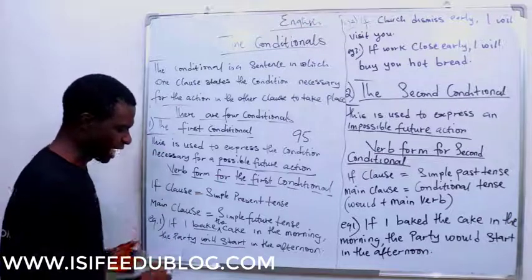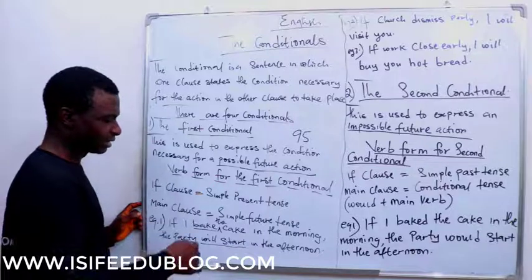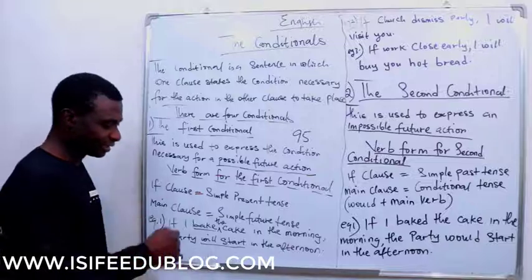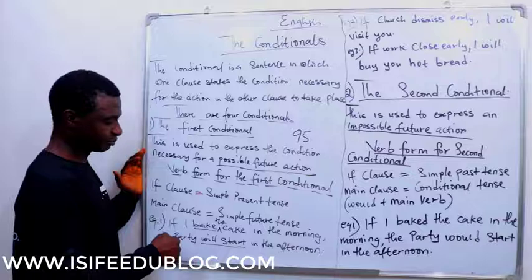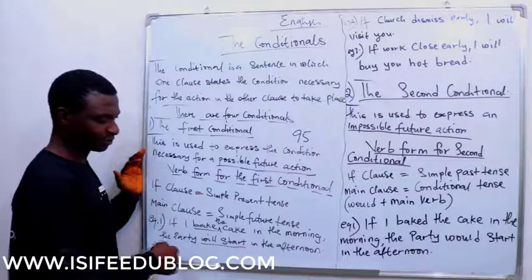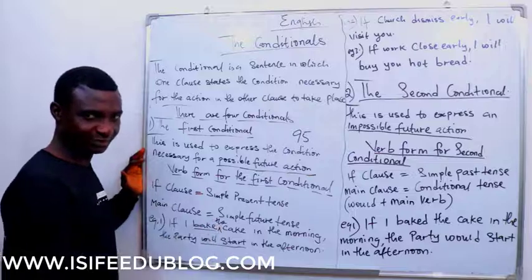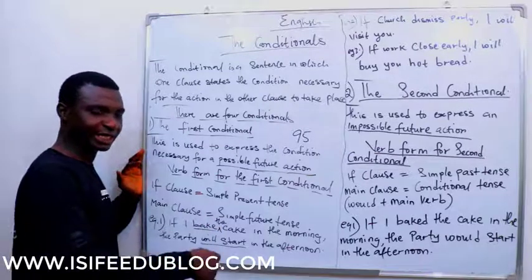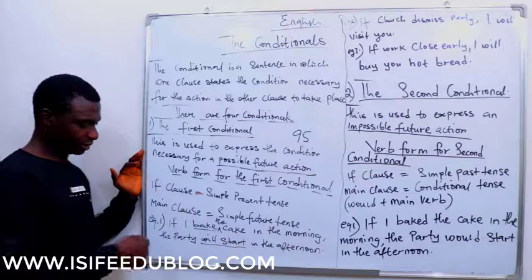Now, WAEC will ask: if I bake the cake in the morning, the party will start in the afternoon. This means that A, the speaker has baked the cake and the party will start. B, the speaker is sure of baking the cake in the morning and starting the party in the afternoon.